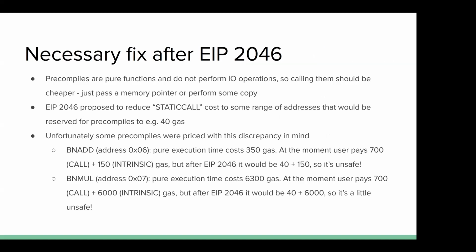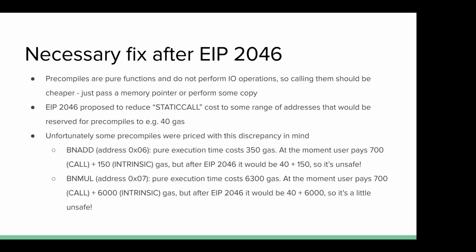If, let's say, we limit the address range for all precompiles from 1 to 1023, so it's like the lowest 10 bits of the address space, then one would be paying much less to perform such a static call. And as an example, we will get to concrete numbers later.